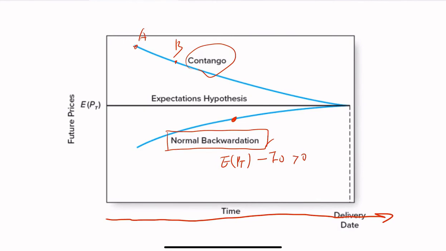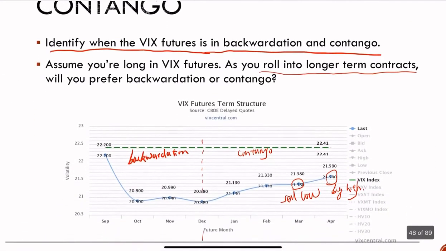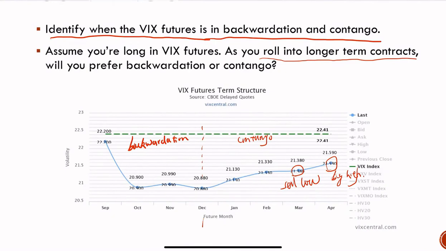And then in this case, it basically means that if you buy at F0 and if you sell at this PT, you will definitely get a positive profit, right? So it's very understandable if you take a long position in futures, then you will benefit from backwardation because you can sell high and buy low.